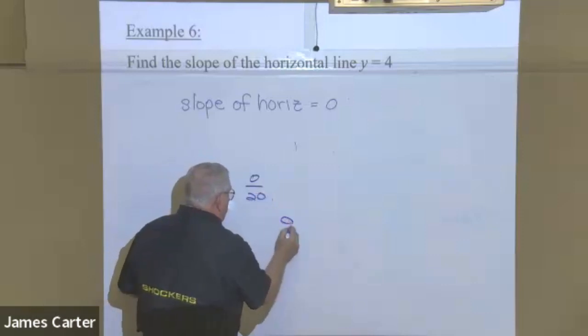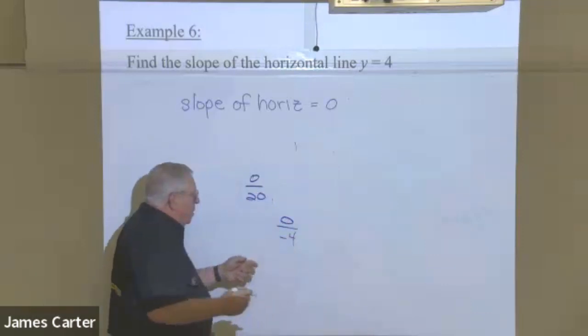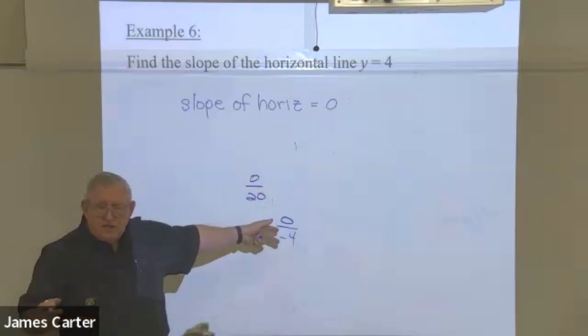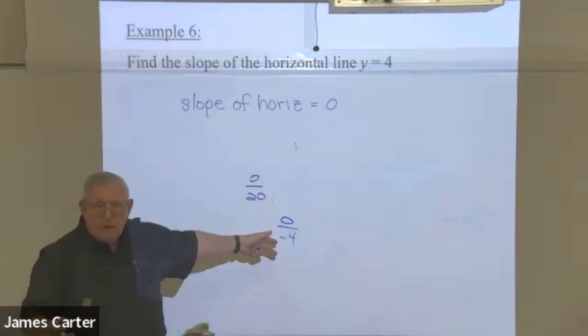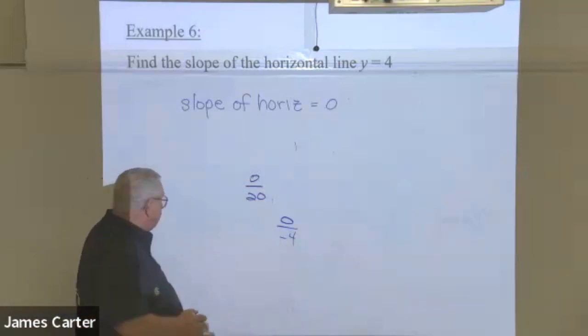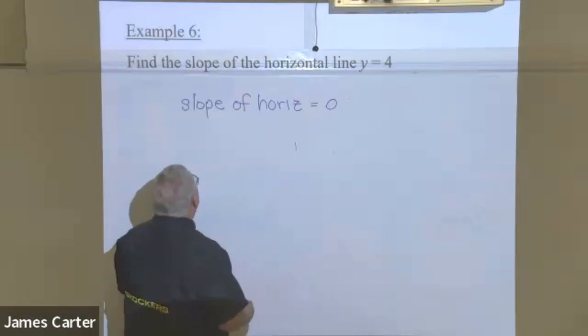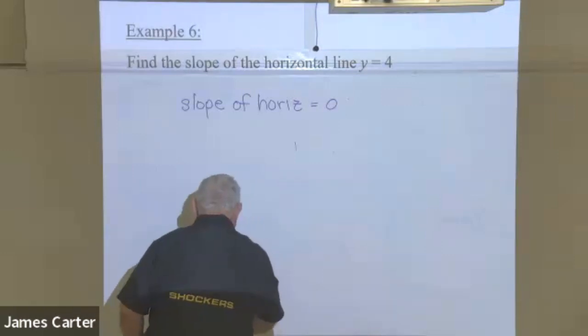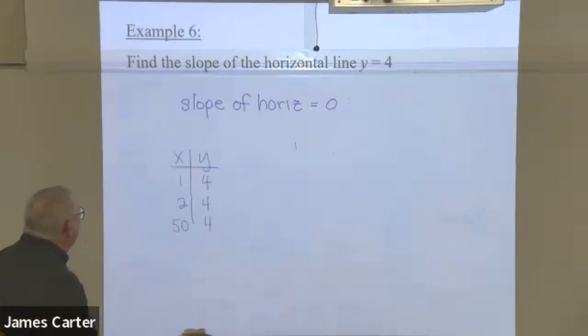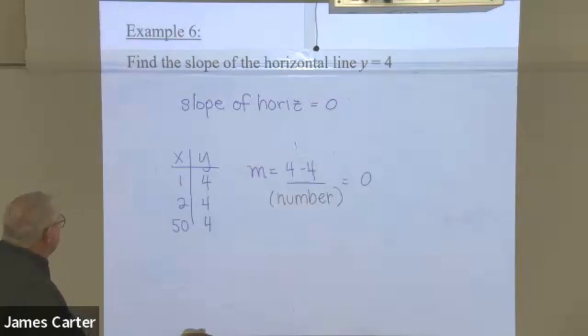It could be 0 over -4 because it's still 0. Here's just an example. In other words, the y's are always going to cancel each other out on a horizontal line. Okay.